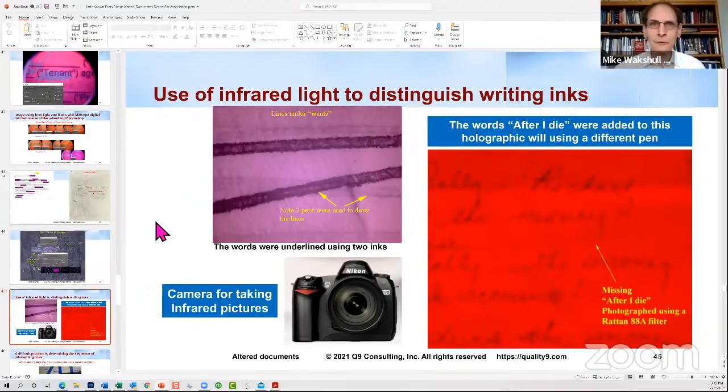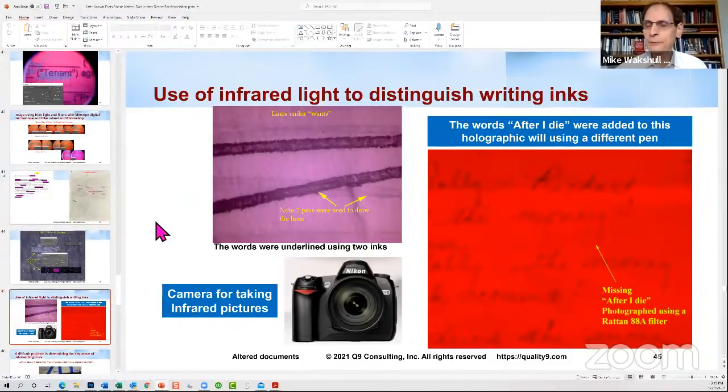But normally what I'll do is I'll take an original document. I'll put it on what's called a video spectral comparator, which is a high-end infrared and ultraviolet camera, and look at the ink composition, and then I'll put it on the electrostatic detection apparatus just to see if there was anything written above it.